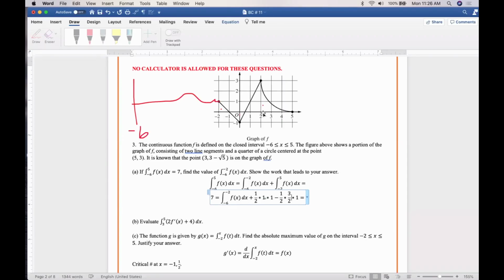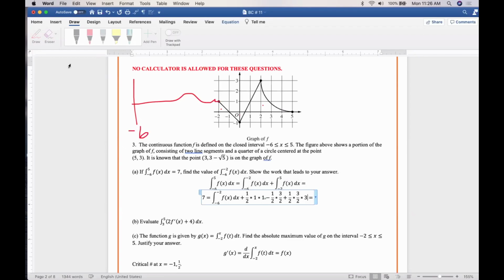The base is 1.5 and the height is 3. So it's a plus half times 3 over 2, the base, times 3, the height.